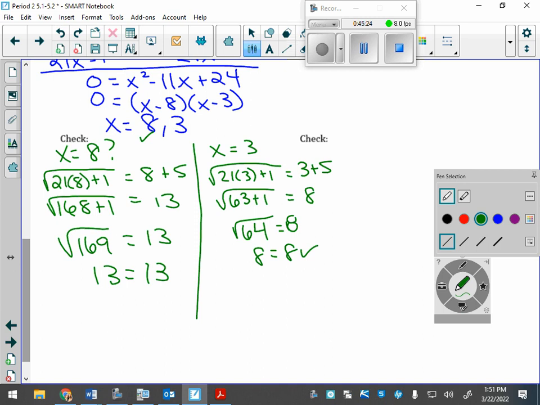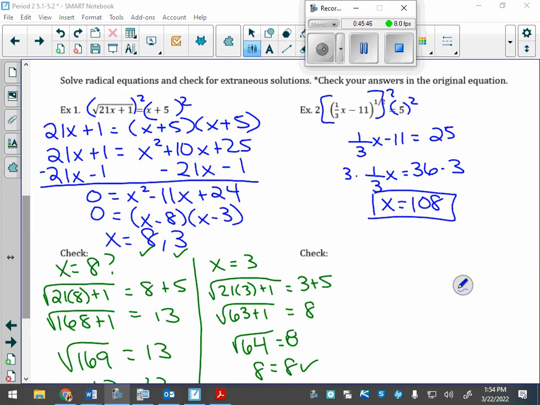Okay, 8 equals 8. Okay, so both 8 and 3 are solutions. Okay, so I want you to try that last one you see on that page. Okay, example 2. All right, I want you to solve for x and then check it to see if it's extraneous or not.